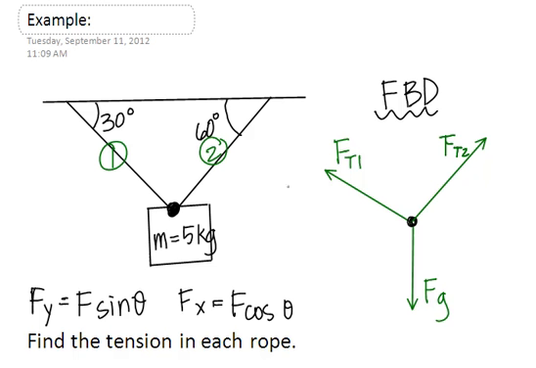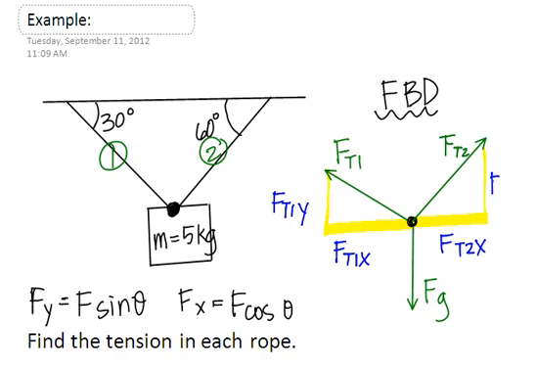Each one of these has an over and an up. Each one of them has an FT1 in the x direction and an FT1 in the y direction, an FT2 in the x direction and an FT2 in the y direction.